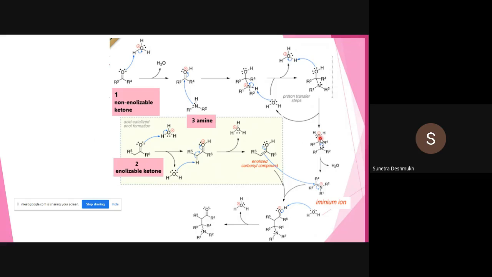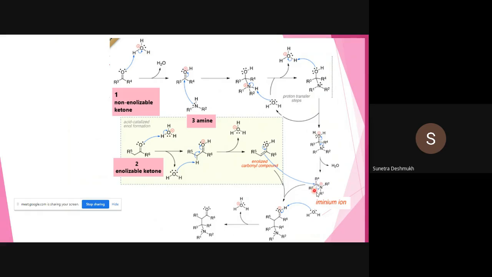Protonation of this OH group generates OH2, the best leaving group, so it eliminates as a water molecule. In this way we get the iminium ion. The iminium ion is nothing but the Schiff base. So the carbon-nitrogen double bond in which nitrogen possesses a positive charge is the iminium ion, or Schiff base.